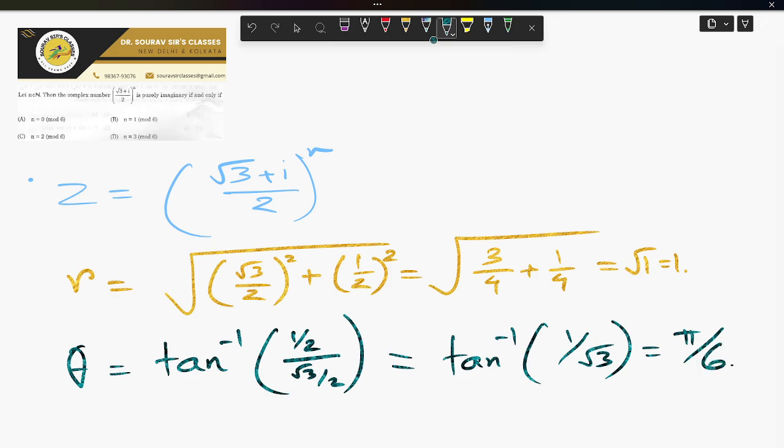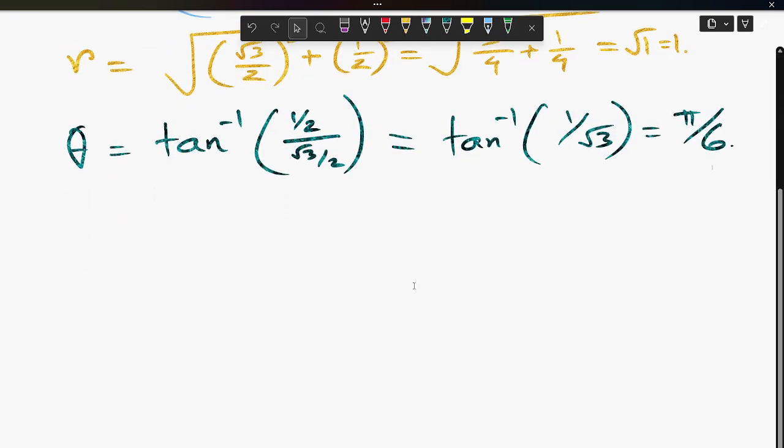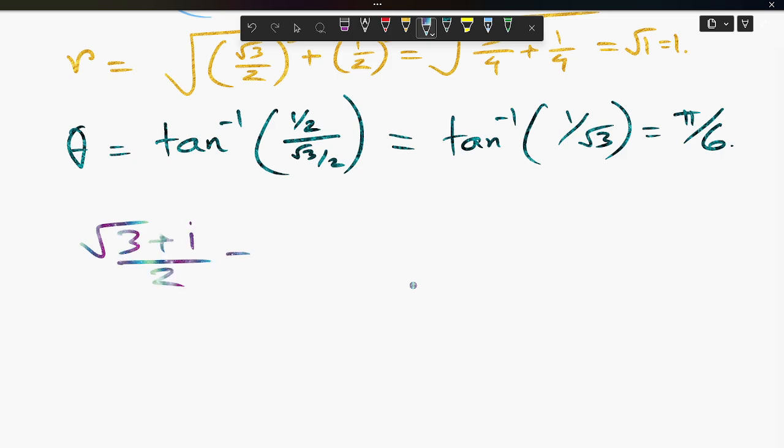We all know that. So our argument is pi by 6. Thus we can write (root 3 plus i)/2 equals e to the power i pi by 6.